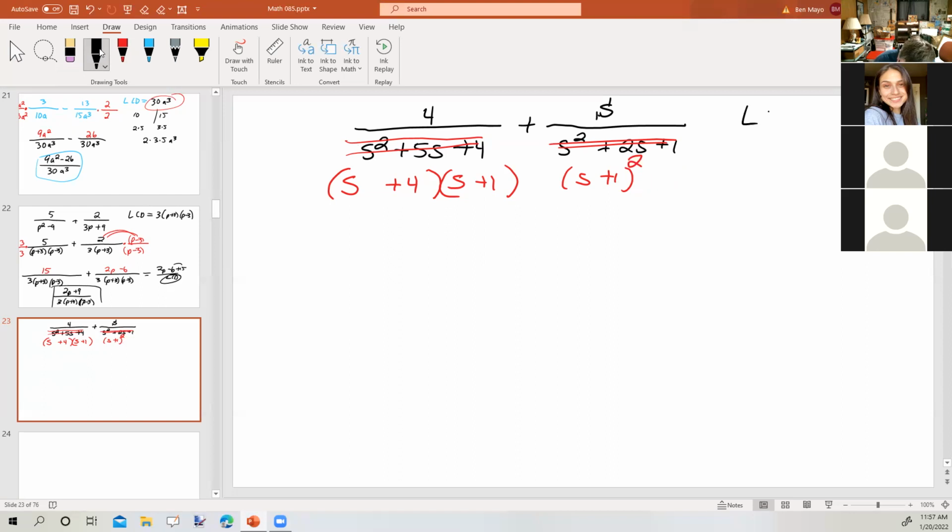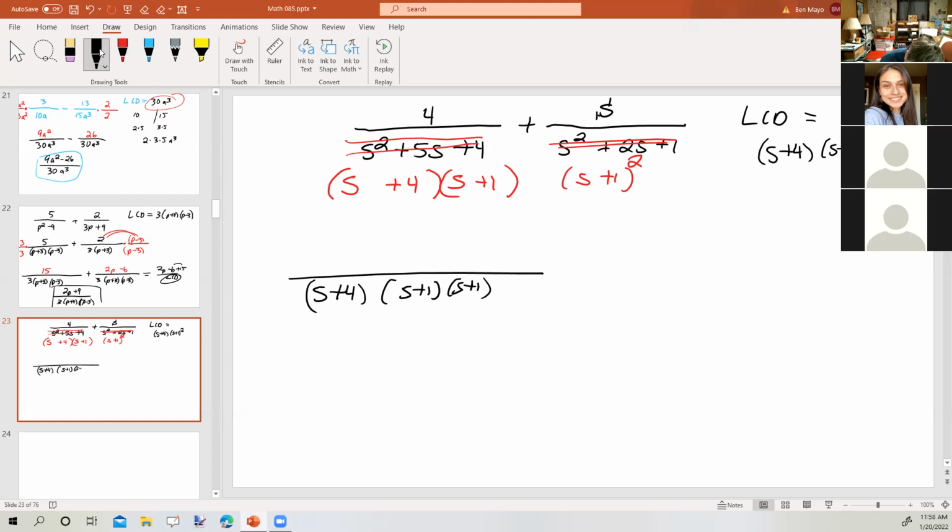So what's my LCD going to be? I'm going to have an s plus 4 times an s plus 1 to the second power, because that's the highest power of that factor within either of the denominators. So down here, what do I need? I need a denominator of s plus 4 times s plus 1 times s plus 1.